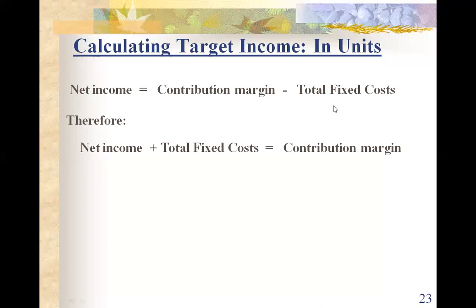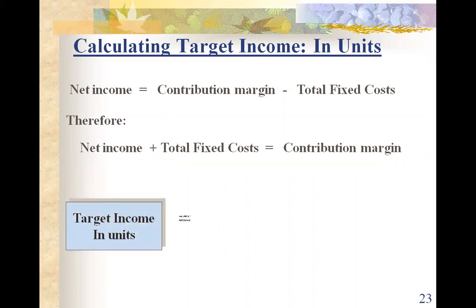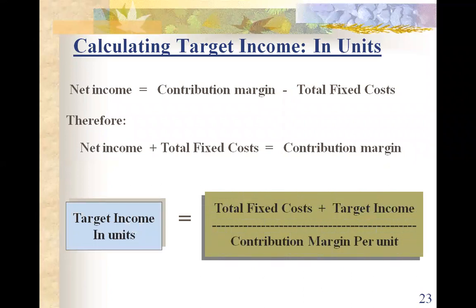Right? We get net income by deducting total fixed cost from contribution margin. Yes, sir. Okay, so we just change the side: net income plus total fixed cost equals contribution margin. So target income in unit is total fixed cost plus target income divided by contribution margin per unit.